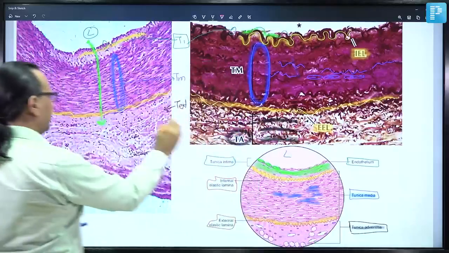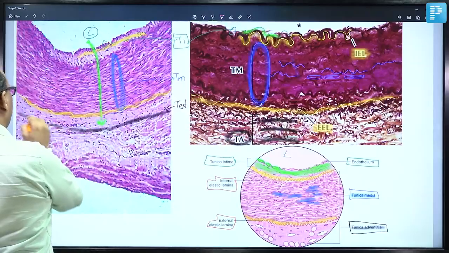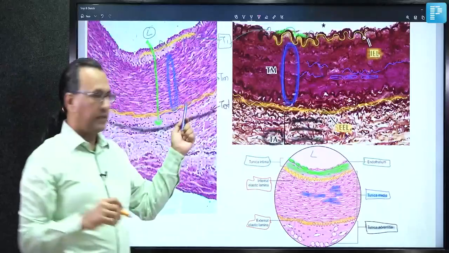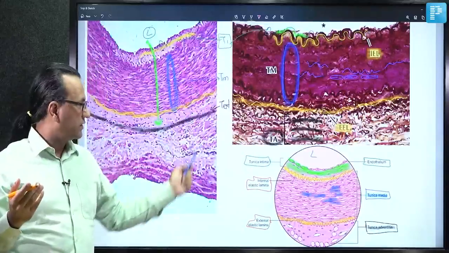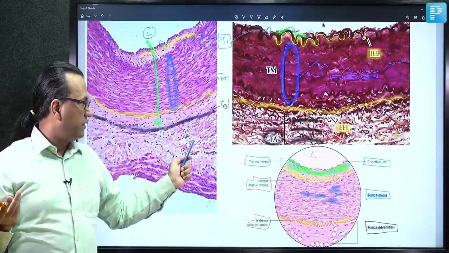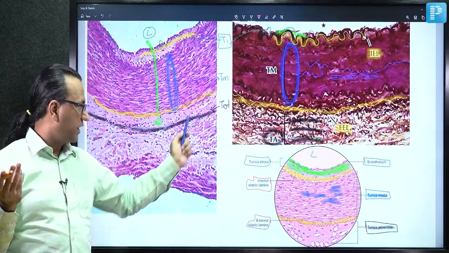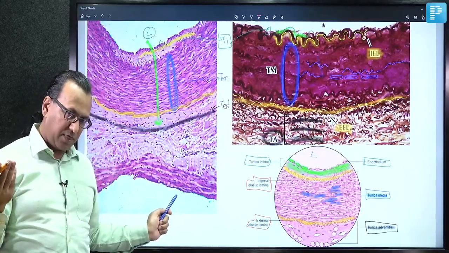The tunica externa. Now, once you have demarcated the tunica externa of the splenic artery, it is seen merging with the tunica externa of the splenic vein here. So this is the splenic vein lying exactly opposite. Let us look at the details of the splenic vein as well and compare it with the artery.